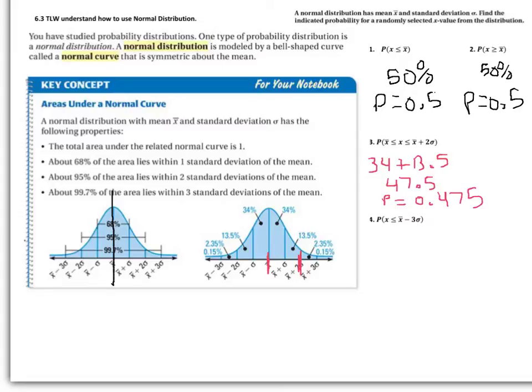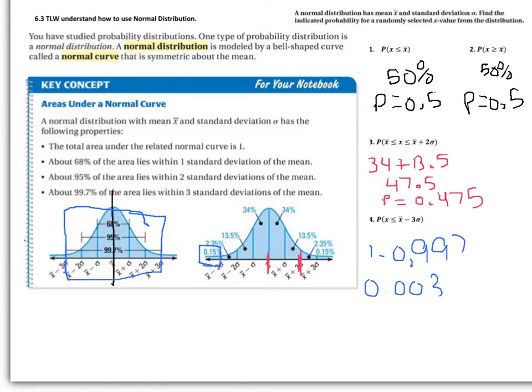This one is asking, what is the probability that x is less than or equal to negative 3 standard deviations away from the mean? So we are only looking at this little piece. Now, how did they get that 0.15%? Well, if there's 99.7% here, that means 1 minus 0.997 is 0.003.